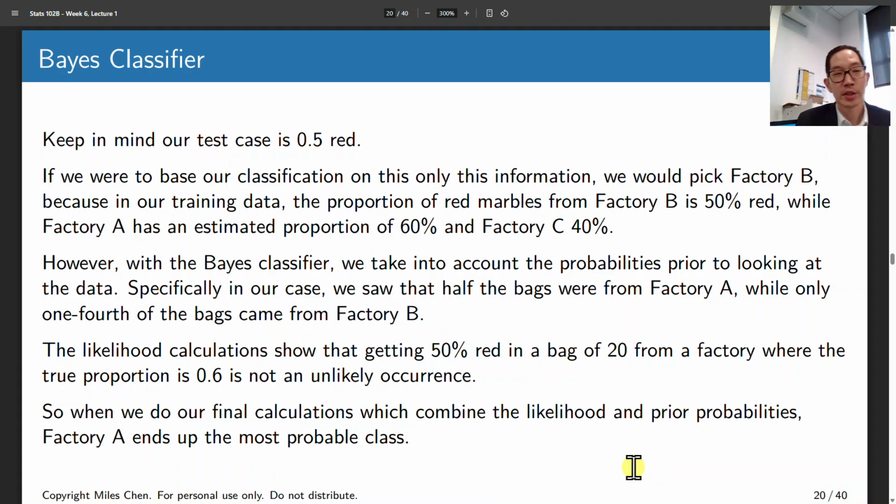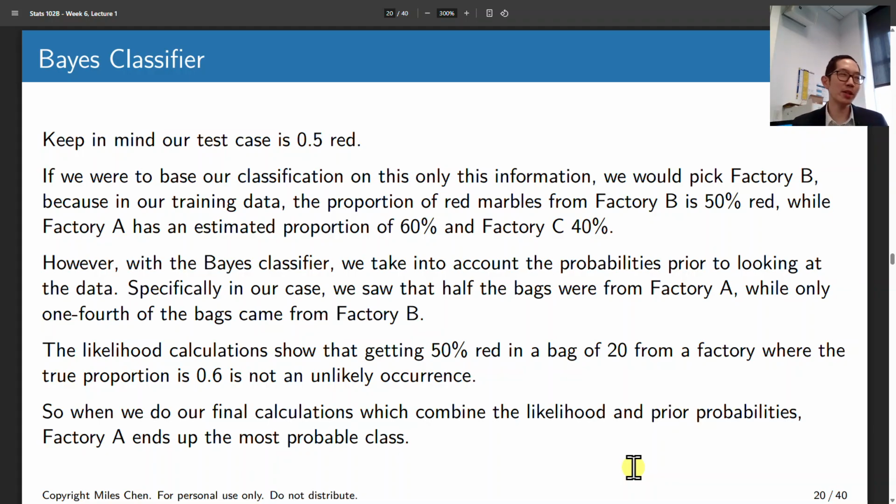Okay, so just to take a step back, our test case that we observed is 20 marbles, 10 of them red, so it's 50% red. And if we were to base our classification only on that information, we would probably pick Factory B, because in our training data Factory B produced 50% red.